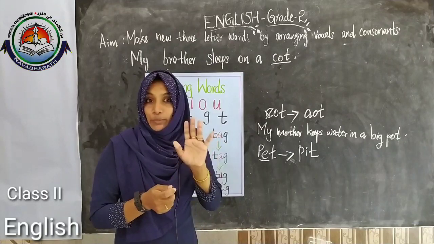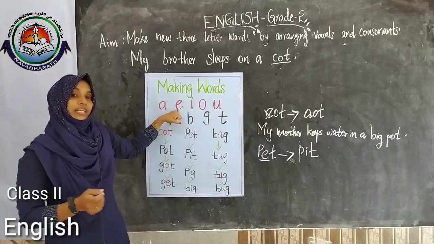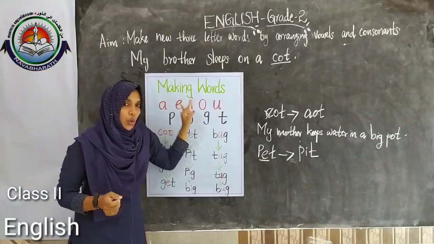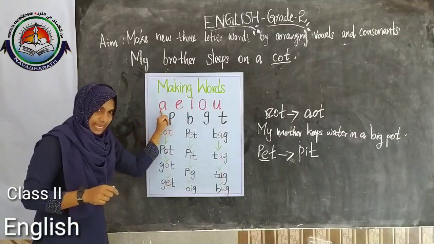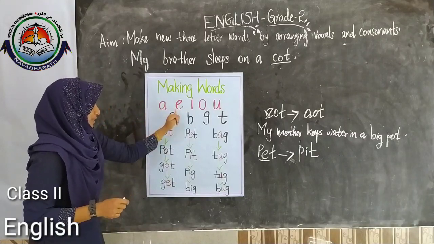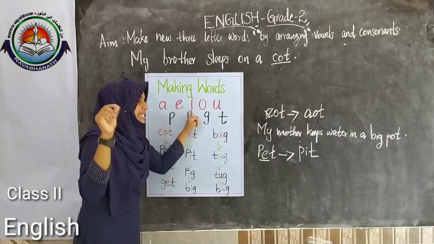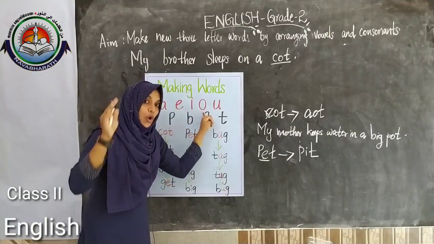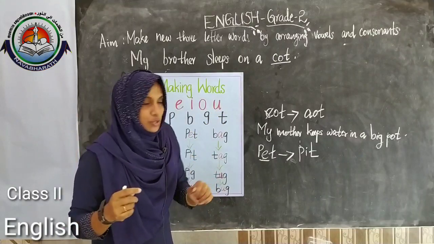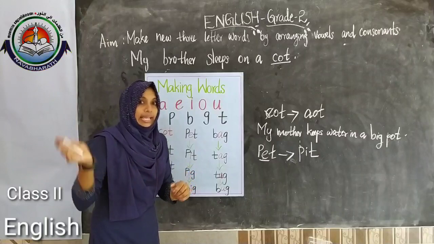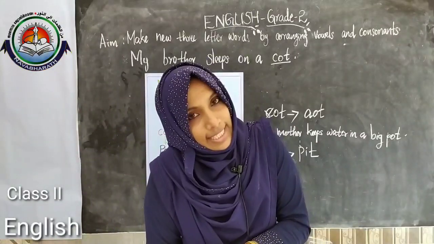So the vowel letters are A, E, I, O, U. These are the sounds, and all the other 21 letters are called consonants.